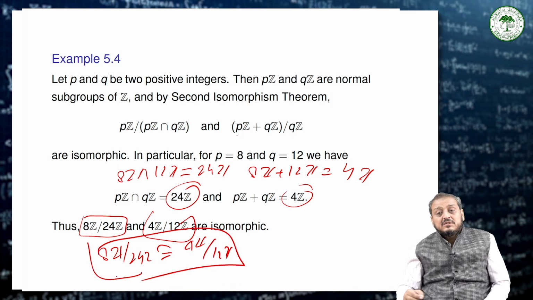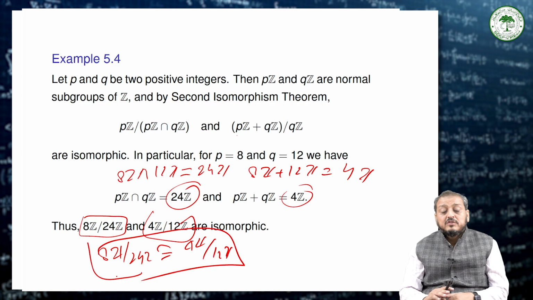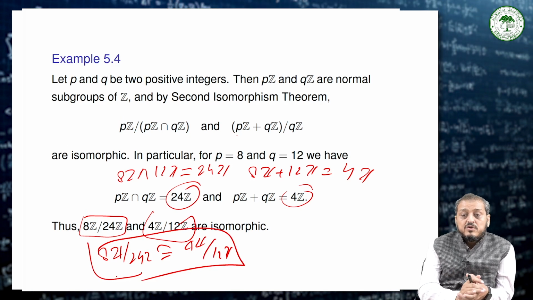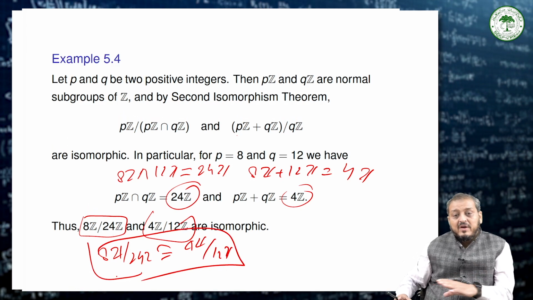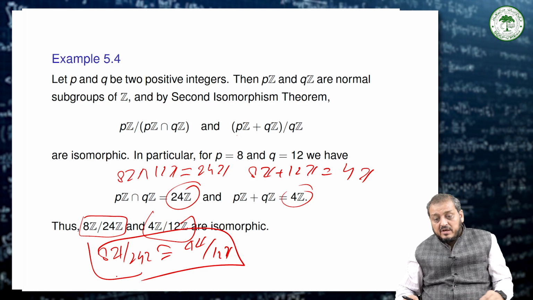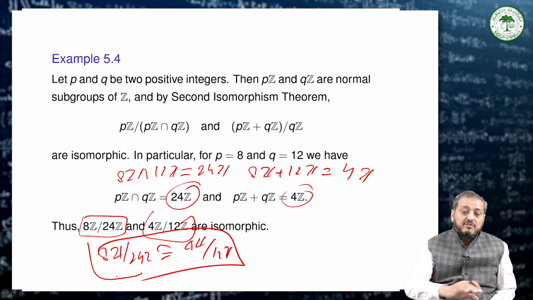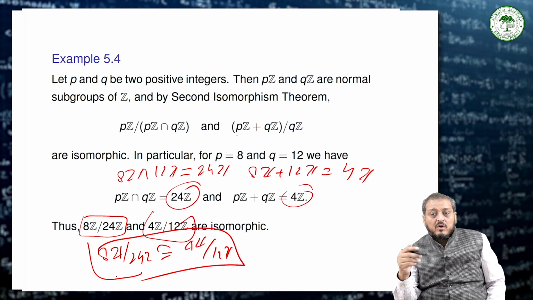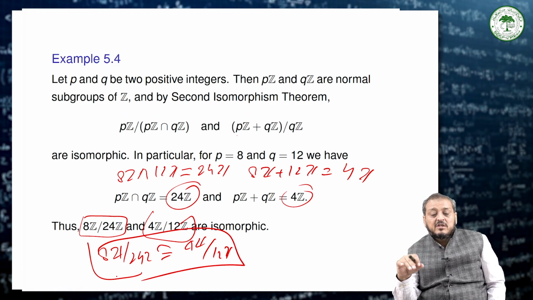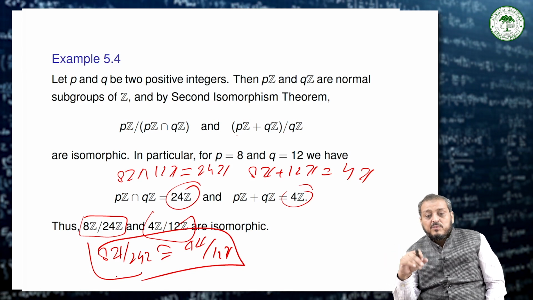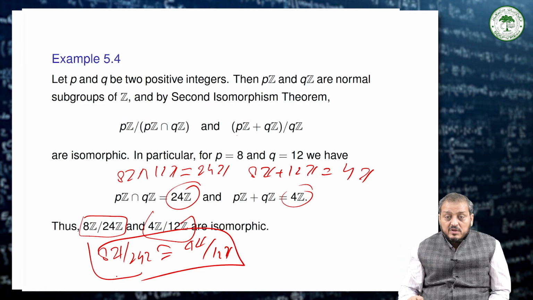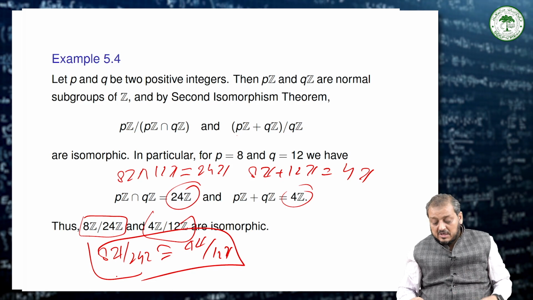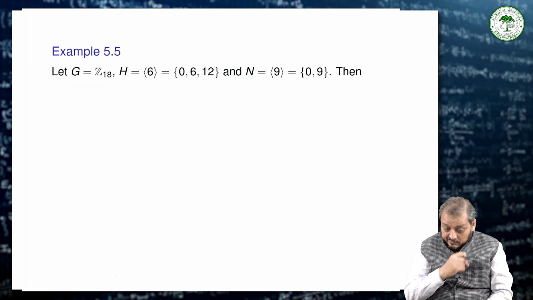So by the second isomorphism theorem, we can easily prove that for any positive integers, the quotient group of pZ and pZ intersection qZ is isomorphic to pZ plus qZ over qZ.